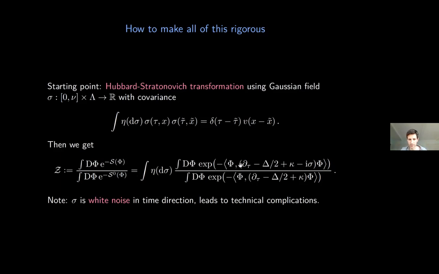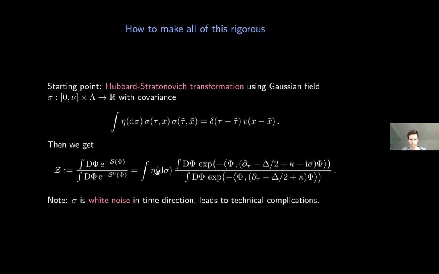So you reduce the quartic interaction to a quadratic term, which multiplies the field phi over which you integrate, and the field sigma over which you integrate. This is a simple algebraic transformation using this covariance. If you haven't done this before, it's maybe not immediately obvious that this covariance is the right one, but you can do this as a little exercise, and this is what you find if you do this Fourier transformation carefully.